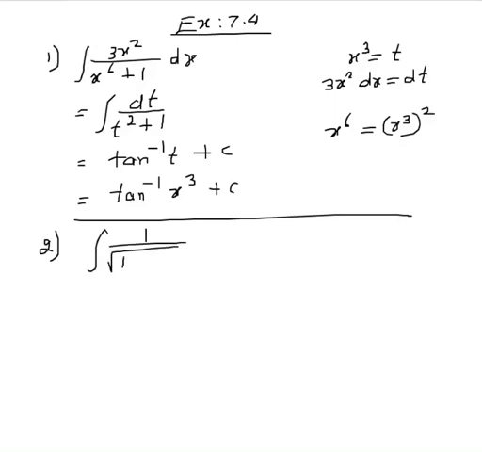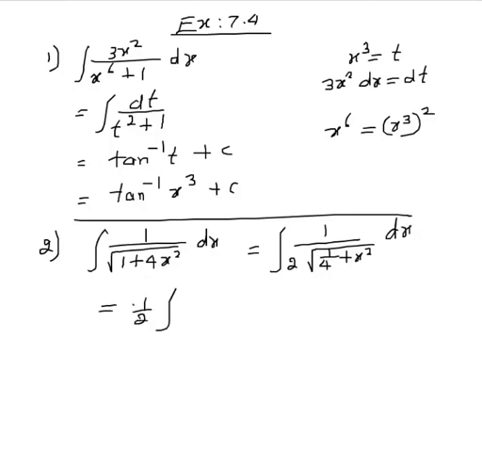1 divided by root of 1 plus 4x square dx. We can take 4 out. It becomes 2 root of 1 by 4 plus x square.